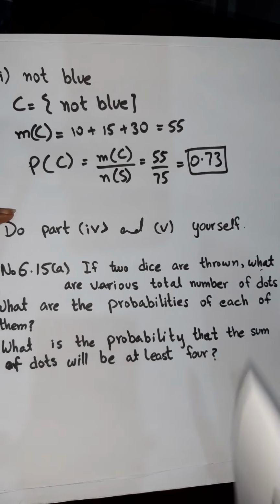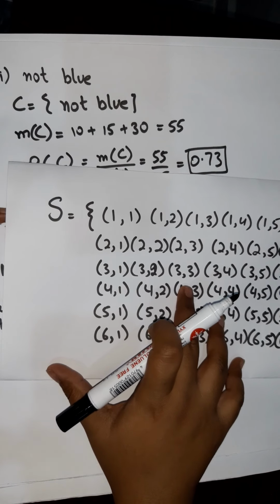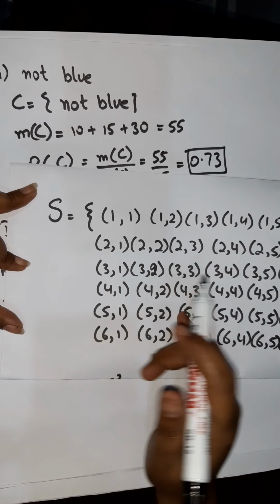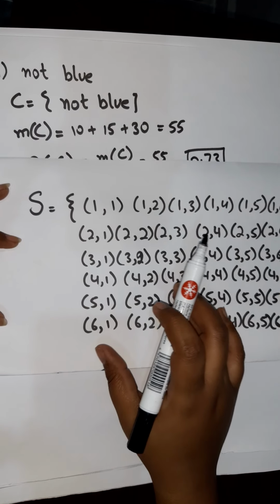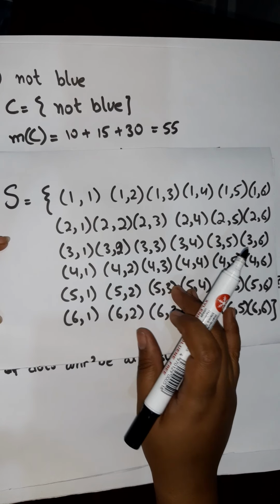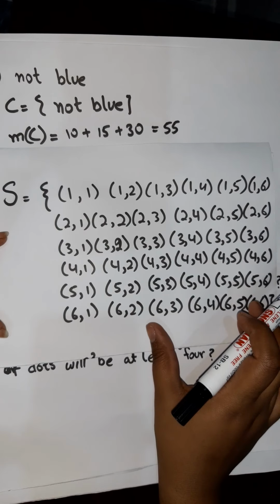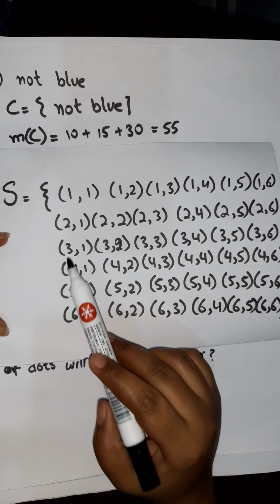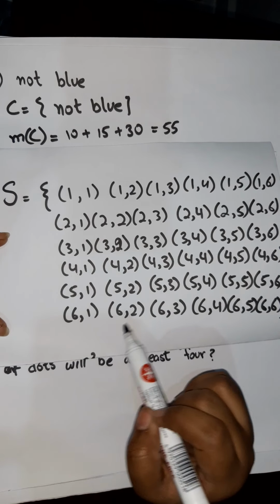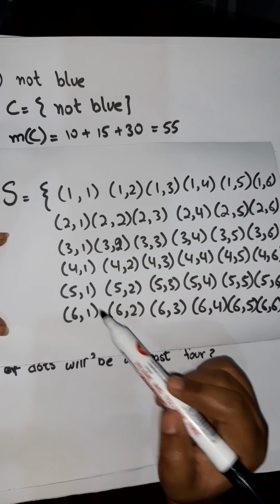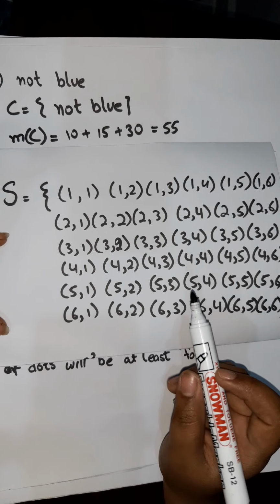Now, again we are using this sample space because when 2 dice are rolled, the sample space is of this type. This is the sample space, and the total outcomes of this sample space are 36.